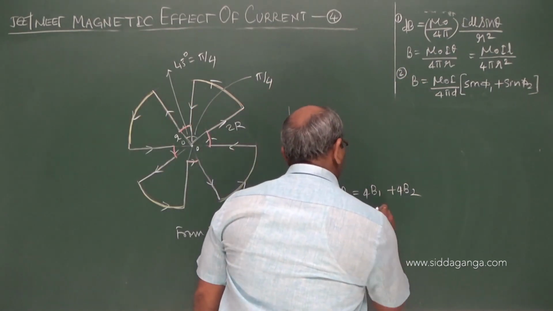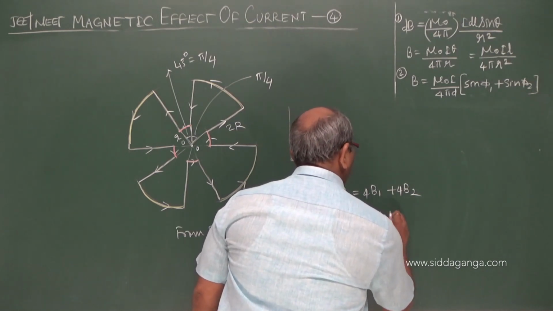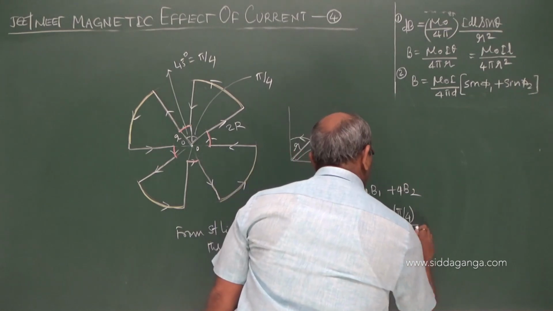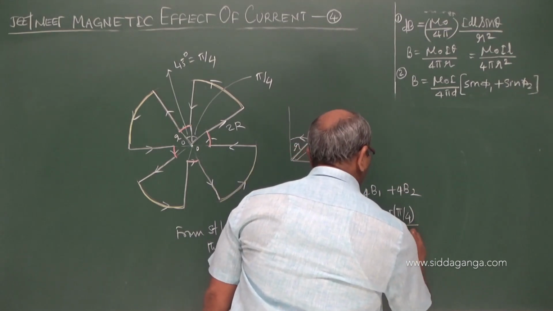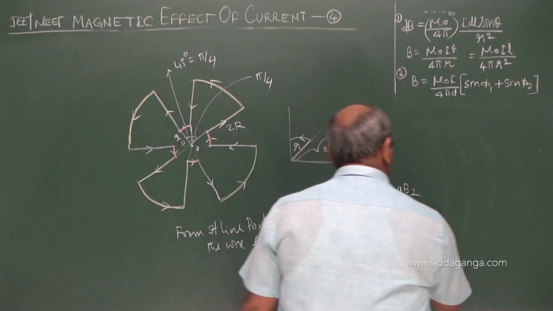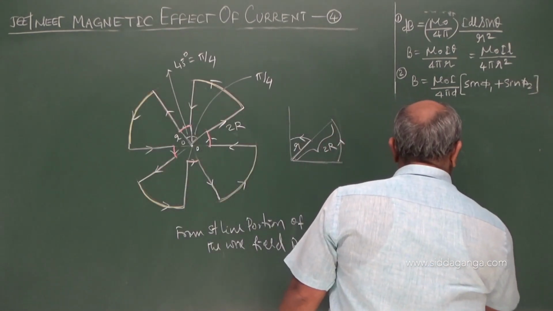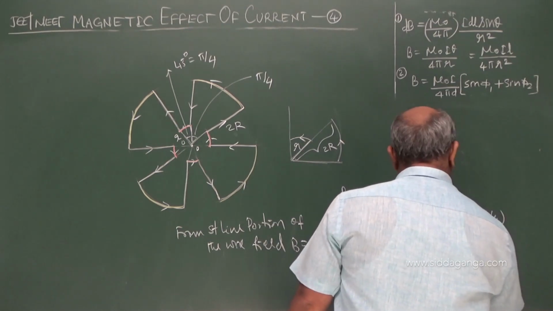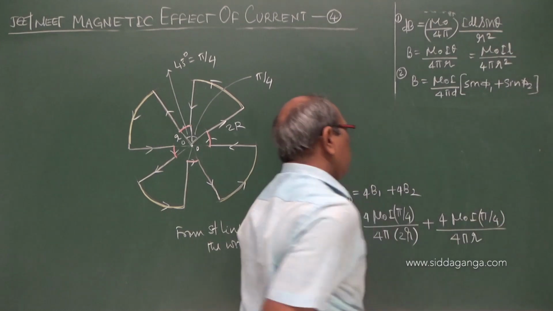So 4 into mu naught I into pi by 4 divided by 4 pi into 2r for this outer one, plus 4 mu naught I pi by 4 divided by 4 pi r.